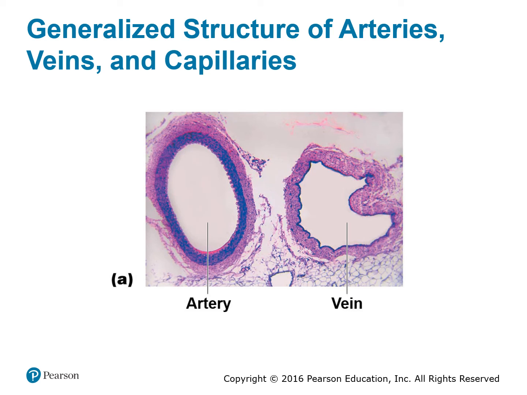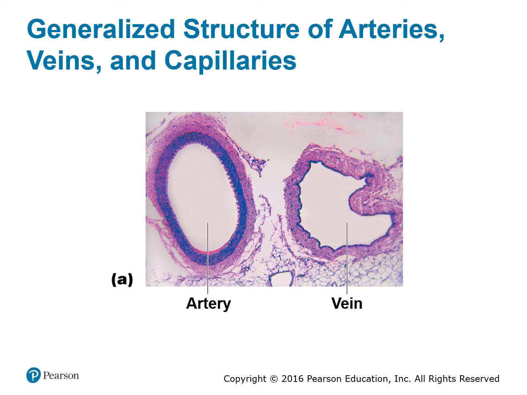If it wasn't for the valves in the veins, gravity would supersede, and basically we wouldn't be able to have blood flow return to the heart. So because of the venous valves, they allow blood to return to the heart. They also prevent backflow of the blood, and they're most abundant in our limbs.